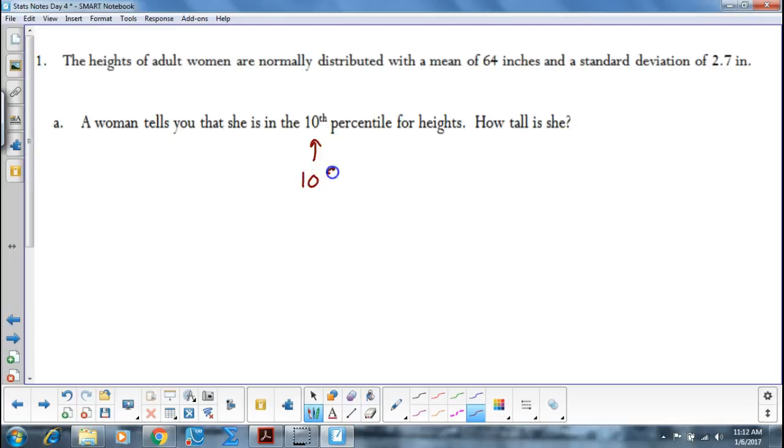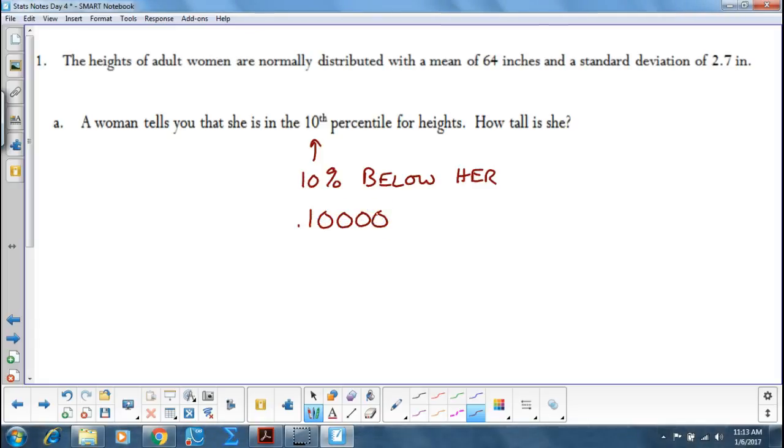So that means 10% is below her. Which means I'm looking on my chart for 0.1000. I'm looking for the z-score that's closest to that.